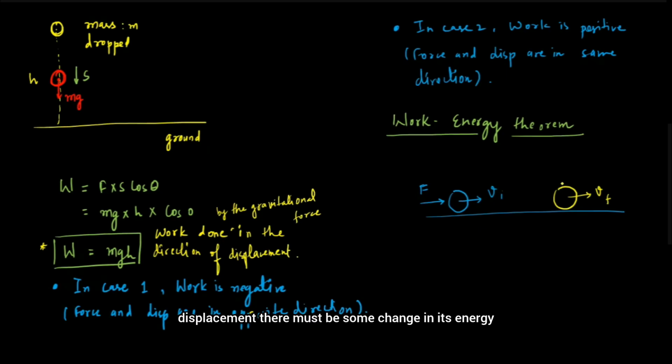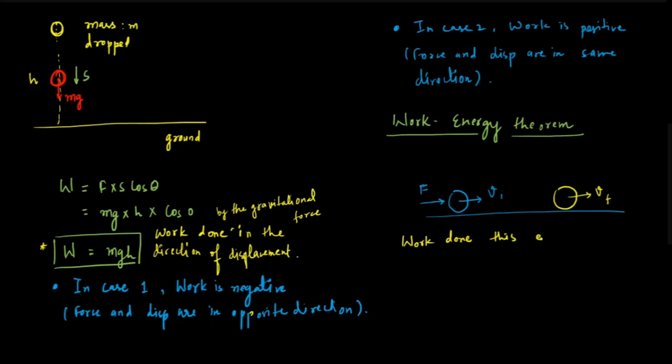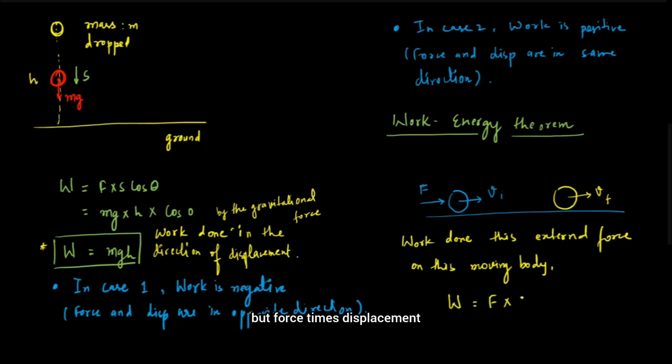There must be some change in its energy, and so on. So if we try to calculate the work done by this external force on this moving body, we know work is nothing but force times displacement. Again, force can be written as mass times acceleration.